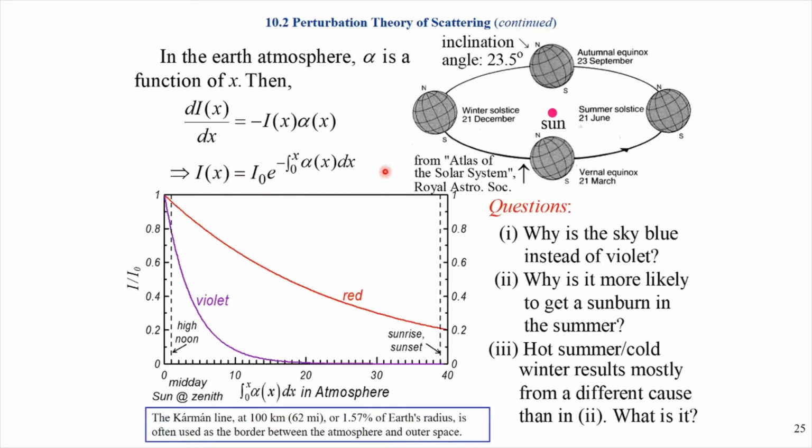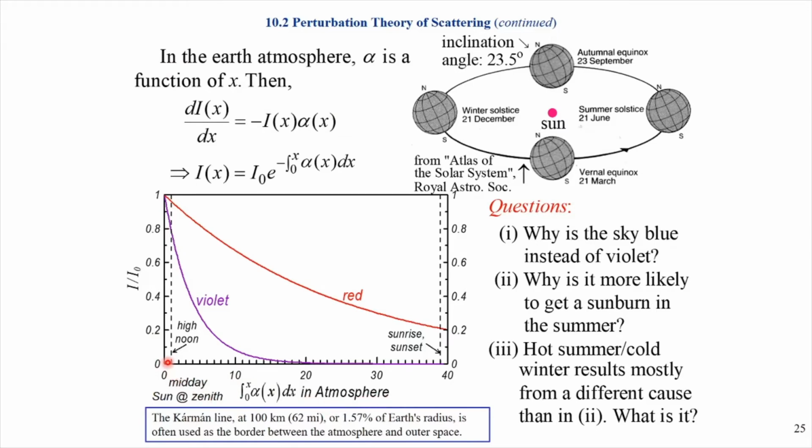Okay, reasonable. But you know, at high noon, the sun is about 1 times of the atmosphere. That's the integration in the atmosphere.